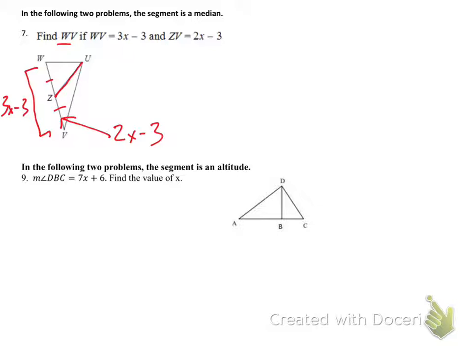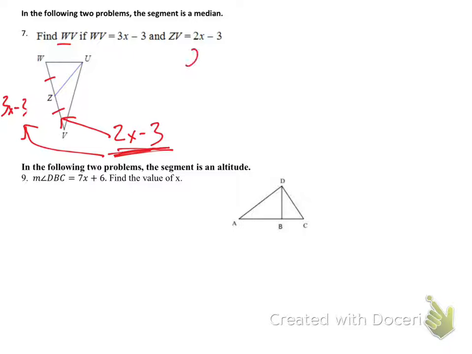So since these two lines, WZ is equal to ZV, what we could do is just double this and set it equal to the whole thing.